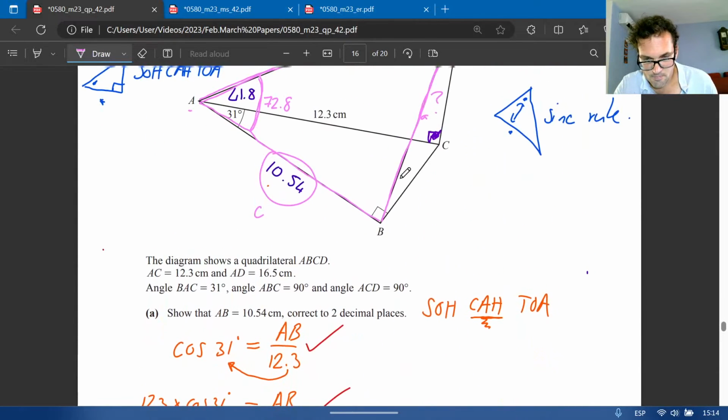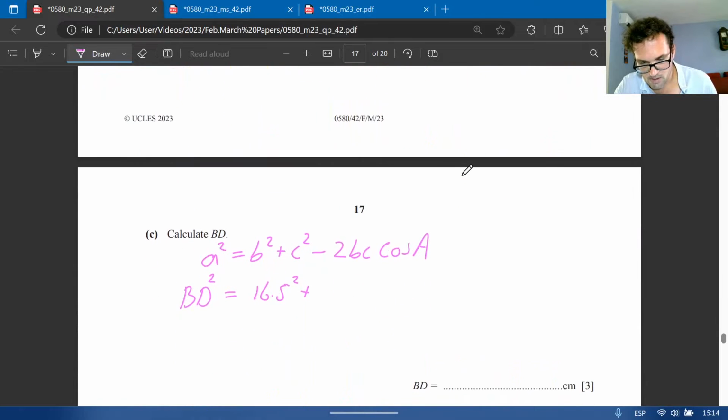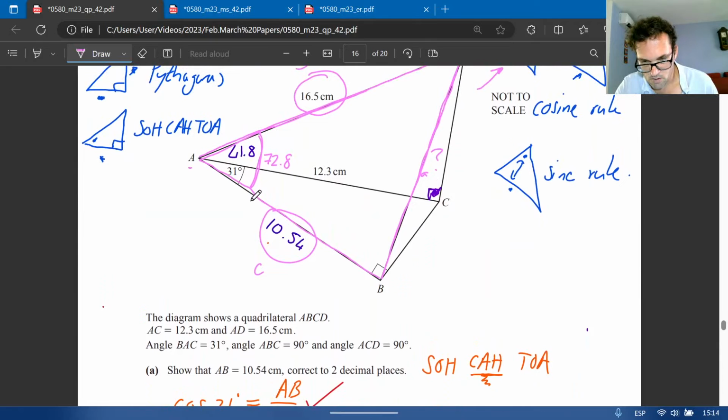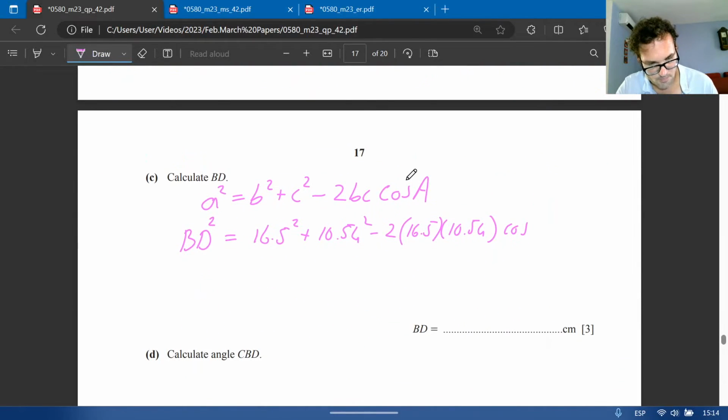C, 10.54, the other side that you didn't use. Then we repeat those 2 again in any order. Cos, and then the angle, which is this whole one, 72.8.